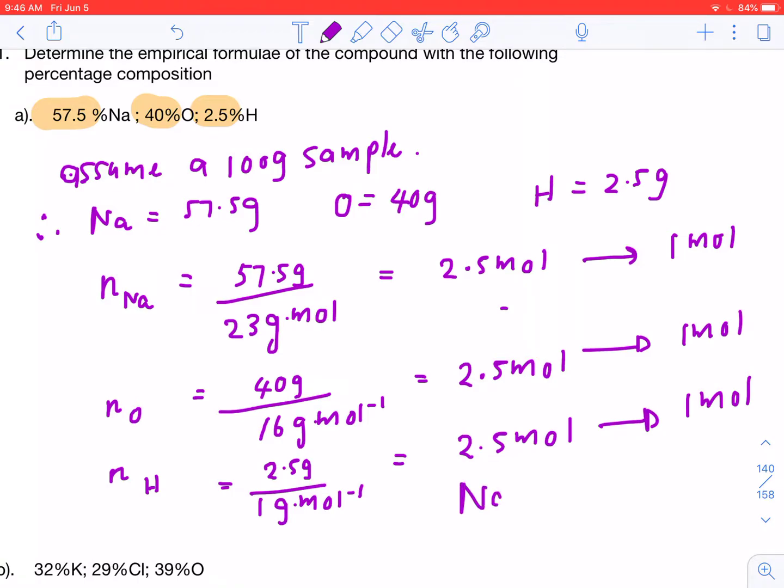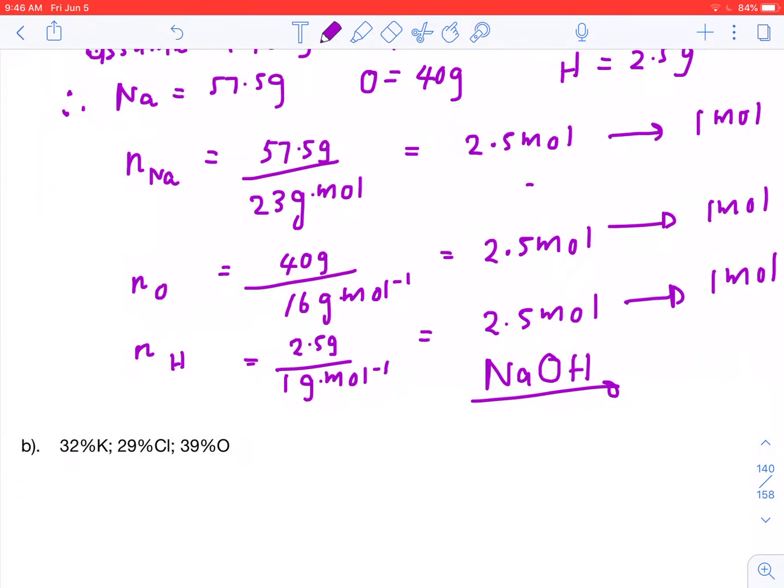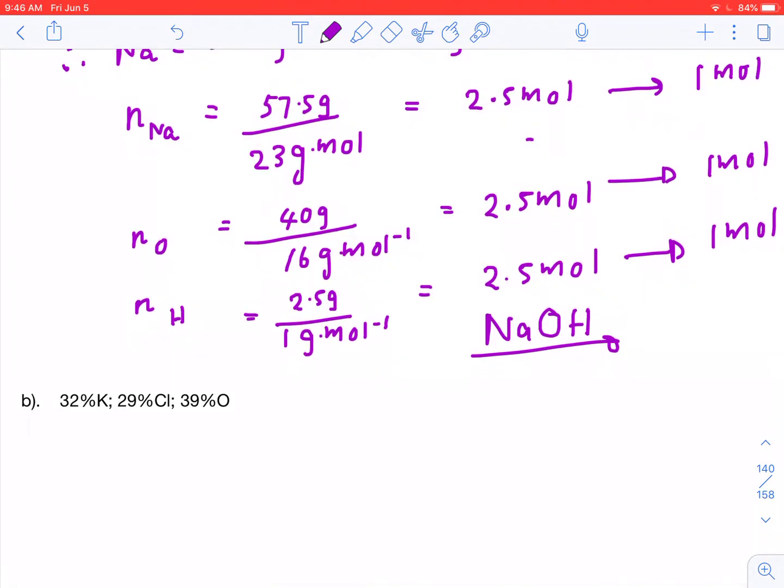It would be Na1, O1, and H1. Right. Divide throughout. Okay, so here you got 2.5 and you divide throughout by 2.5, you get 1 mole. Let's look at the next one now. Here, and you know sodium hydroxide is NaOH, and that is your simplest ratio for NaOH.